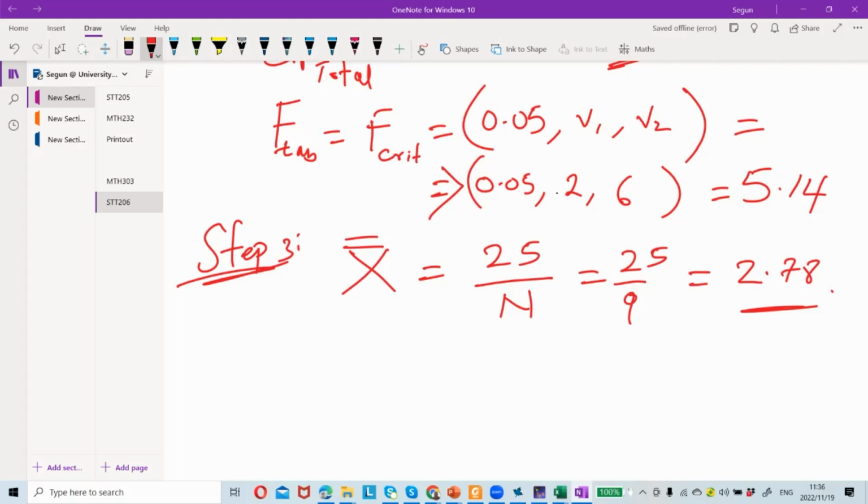Okay, what do you not get? When you add all, it will not give us 2.78. You have to divide it by 3. After you add, you divide by 3. It will give you the same thing. It will give you the same average we are looking for.